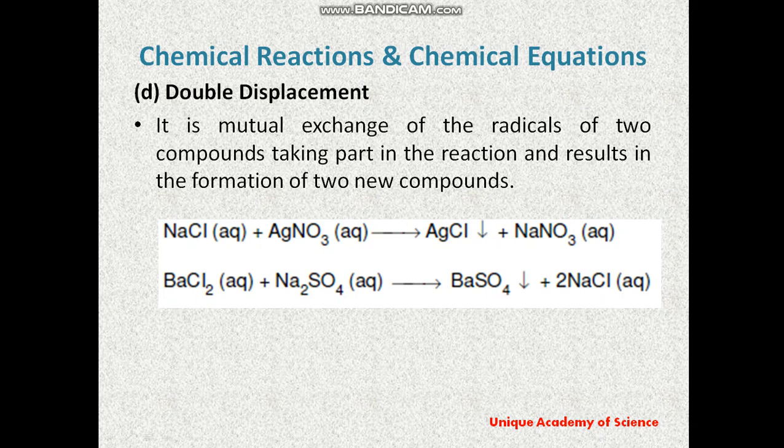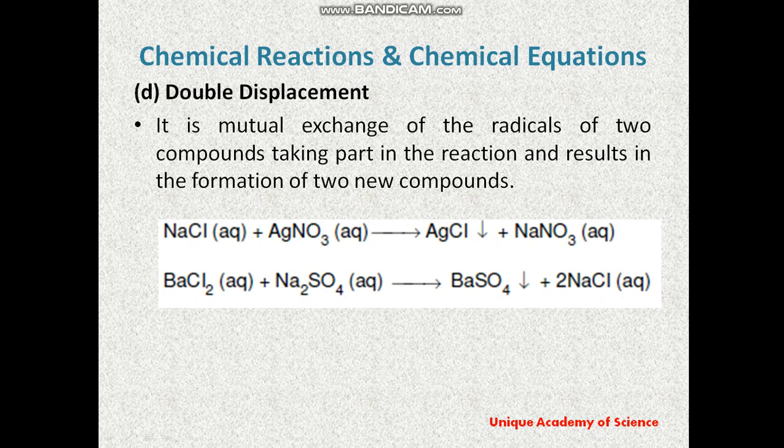Here in this equation you can see NaCl plus AgNO3 gives AgCl and sodium nitrate is produced. Here the Na valence is Na+, whereas Cl is -1. Same as Ag is +, whereas NO3 is -1.